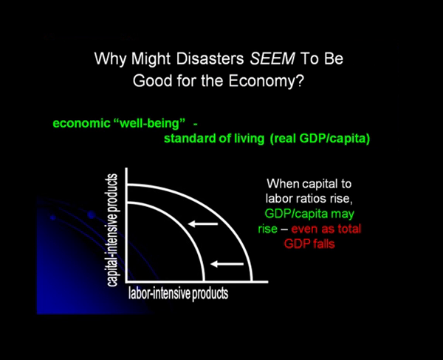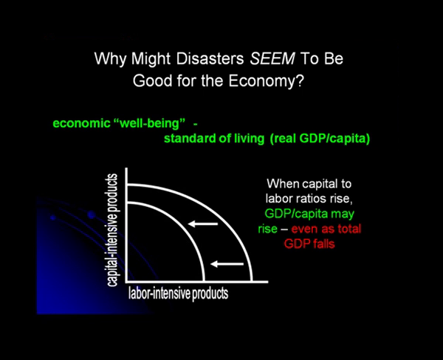But what about the other question? What tools have we developed here to explain why perfectly intelligent people seem to be fooled? Why might disasters seem to be good for the economy? One answer to that question lies in disaster-caused changes in capital to labor ratios. When capital to labor ratios rise, productivity may increase, if the surviving workers are able to increase output because of their increased access to capital.